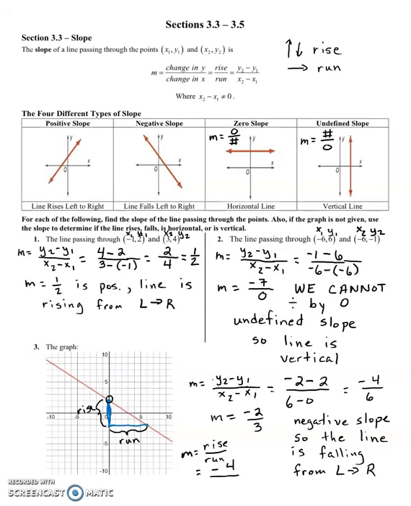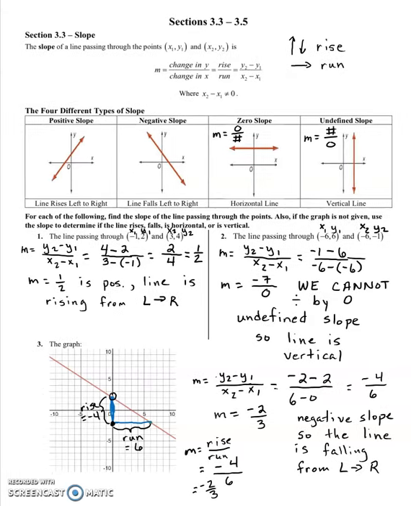And if we count from this bottom corner here over to the other point on the line, we'll get our run. So that's 1, 2, 3, 4, 5, 6. And when we simplify that, we're at -2/3 again. So the rise was -4 and the run was 6. So that's how you can do it graphically without having to apply the formula. And we'll do a couple more examples in the next video.